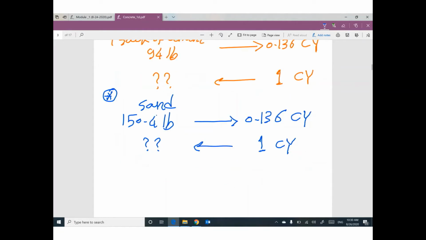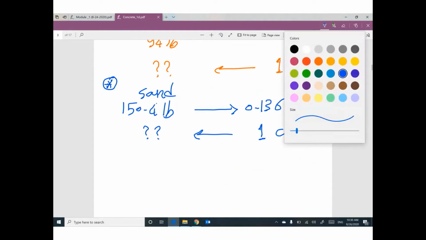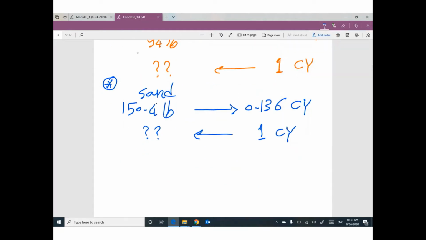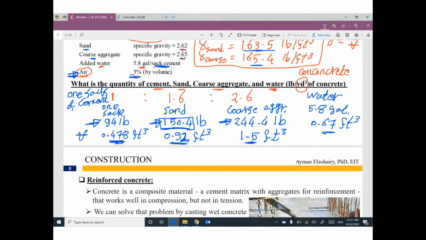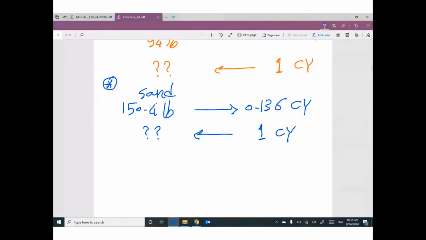At this moment, we have 244.4 pound of coarse aggregate. For coarse aggregate, we have 244.4 pound.